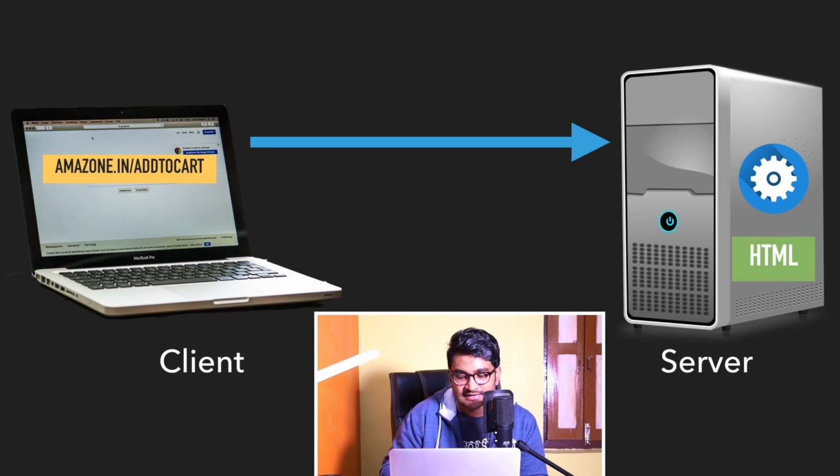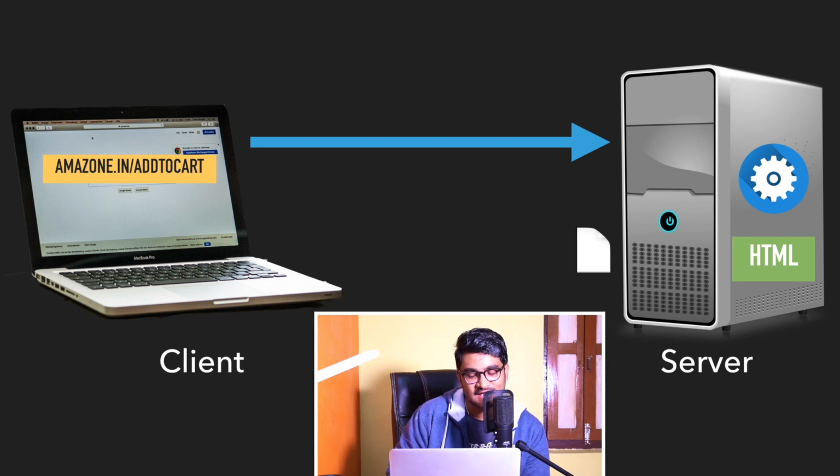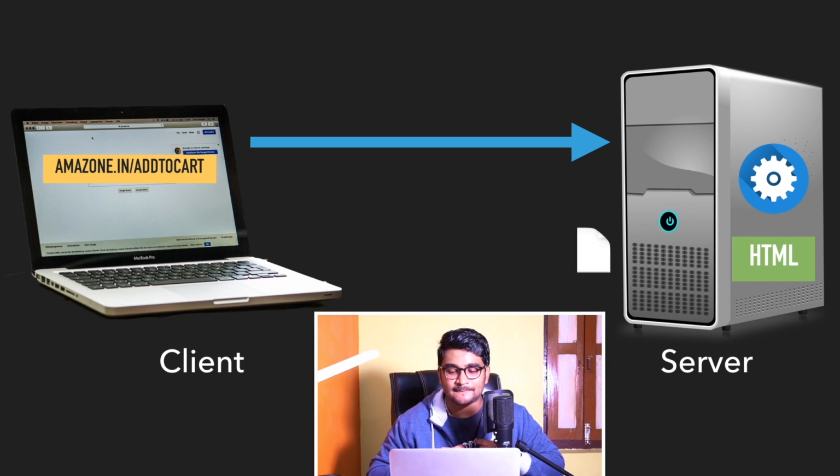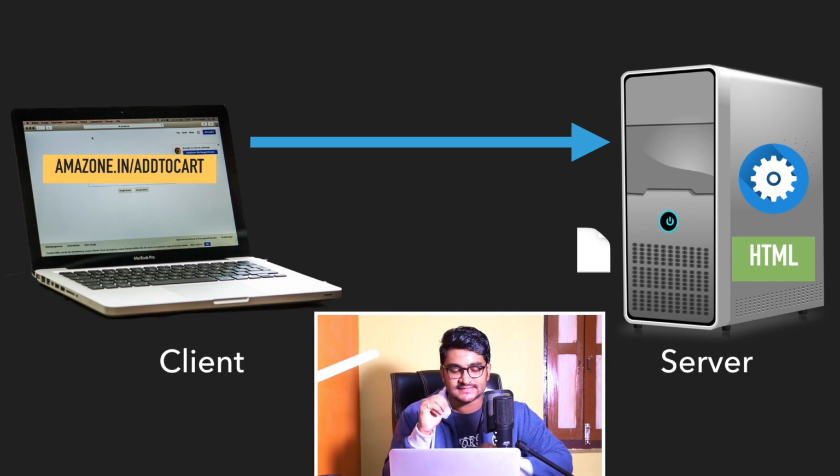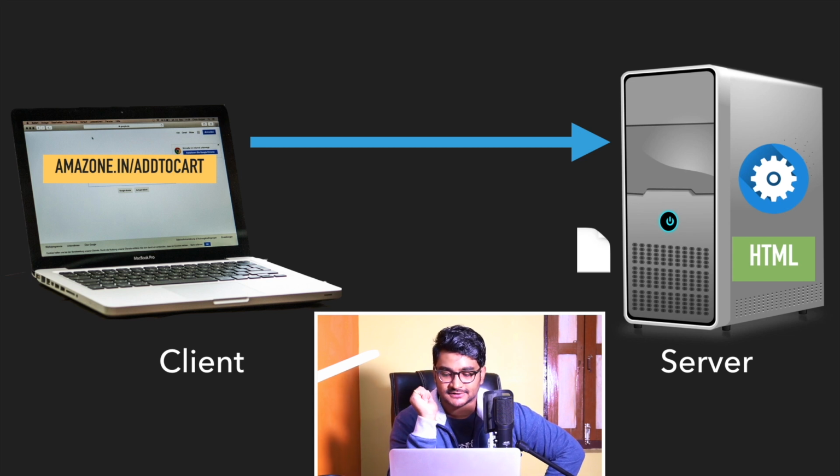So it will create a cookie for that. This cookie is just a text file, and in this text file the Amazon server is going to write all the information about the thing that I was trying to add to the cart. For example, let's say I was trying to add a camera to the cart.